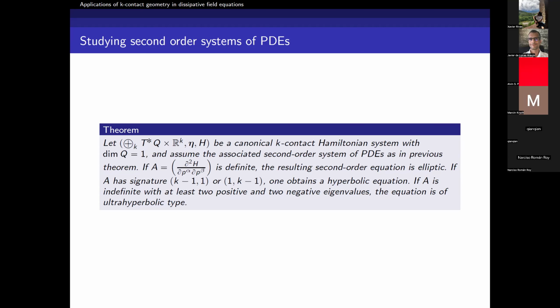So what you are going to do is to relate the properties of the k-contact model with the properties of the PDE you want to study. This is one model of doing this. Another thing that you haven't commented on is that your Hamiltonian may be polynomial in the z^alpha.